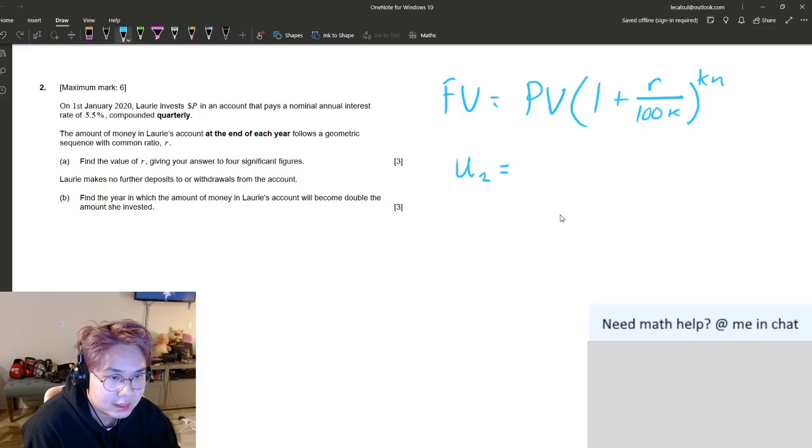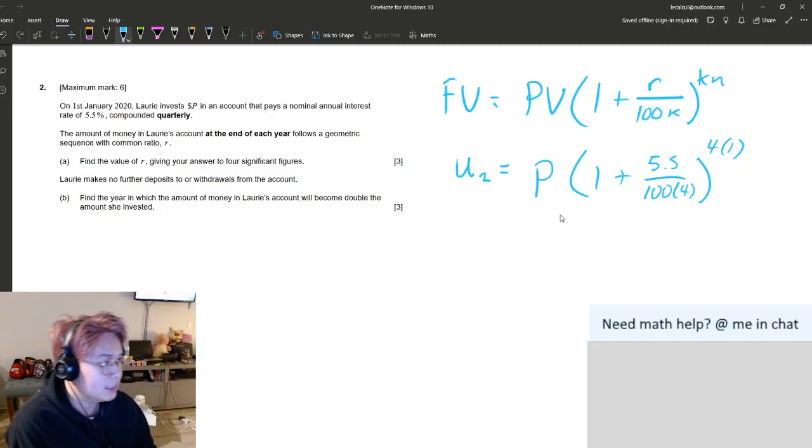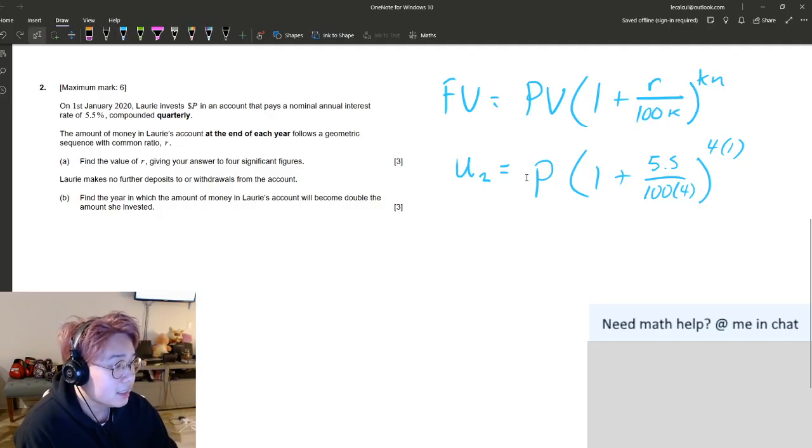And then this is, of course, the money in year 1, which is P. And then all of these things are given to you. 5.5 times 4, and then the amount of years that passed is 1 because I'm finding the next year. And then this whole thing is the geometric ratio R.